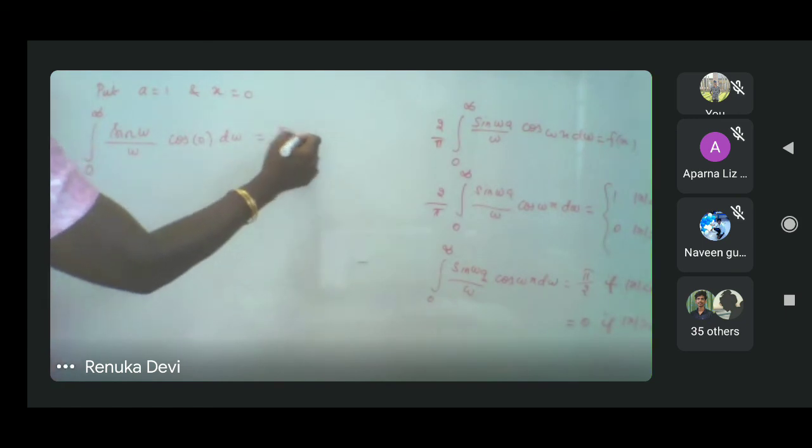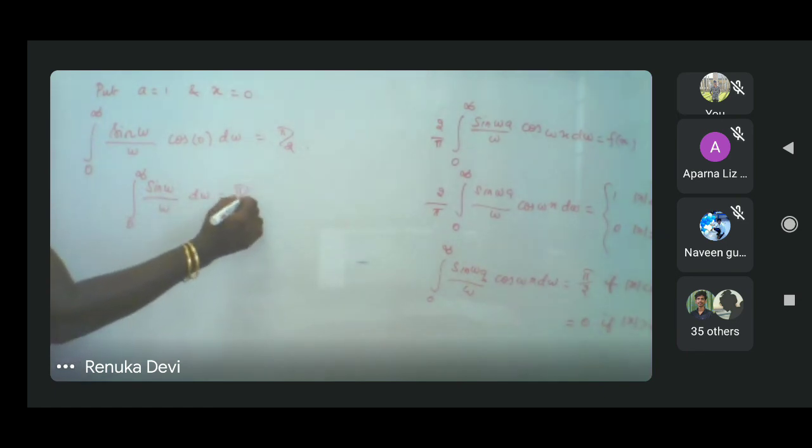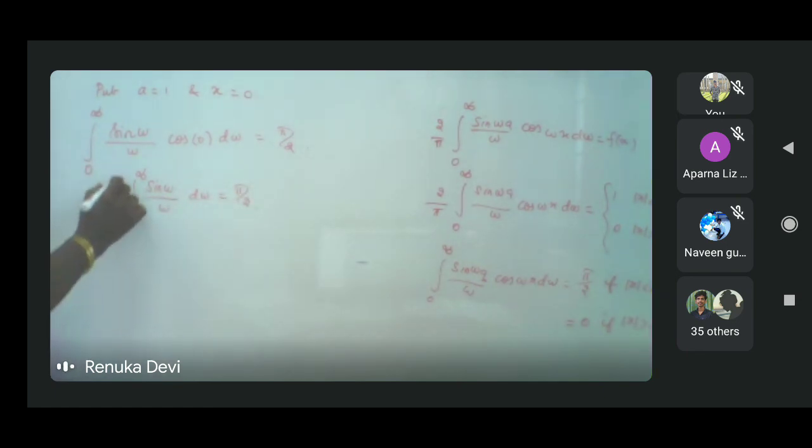Isn't it? That is 0 is less than 1, so the first condition is satisfied. Cos 0 is 1, therefore integral 0 to infinity sin w by w dw is pi by 2. So this is what we have to prove.